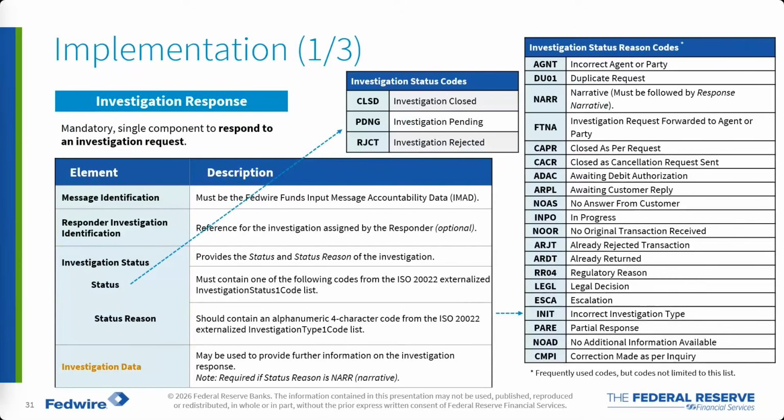You can say that an investigation is closed, still pending, or has been rejected if you don't have the information. And also the table with reason codes for the status on the right side has not changed. We do notice an indication by the amber color on the bottom there that the actual investigation data component has changed. Let's check out on the next slide what changes we're making to that element within the investigation response component.